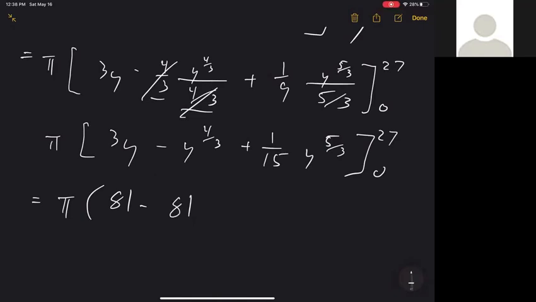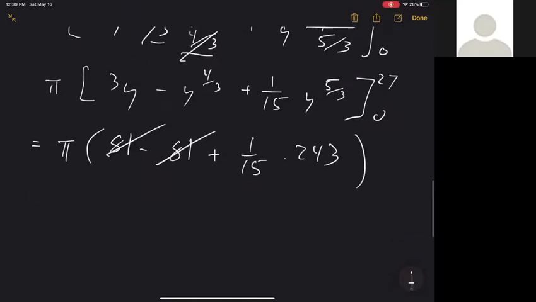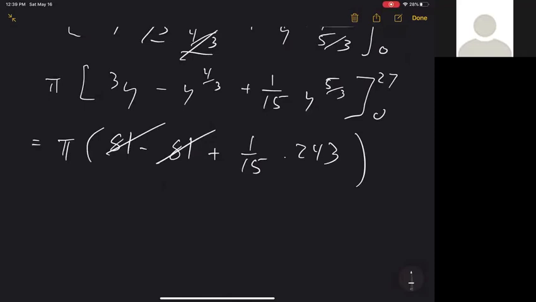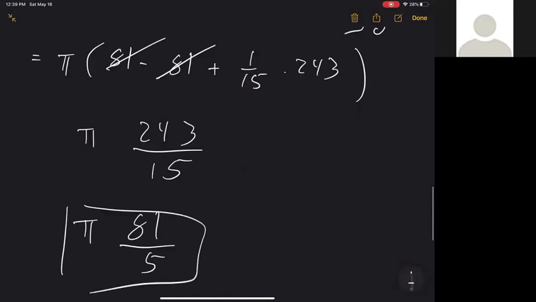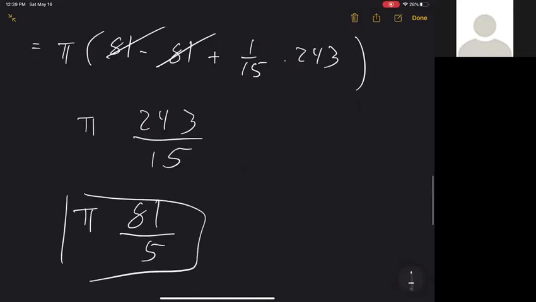If I take the cube root of 27, that's 3, to the power 4, that'd be 27 times 3, that'd be 81, yeah. And then what's 3 to the 5th? That'd be 243. So these cancel. I should be left with 243 over 15, which should be 81/5. Yep, and that checks out.